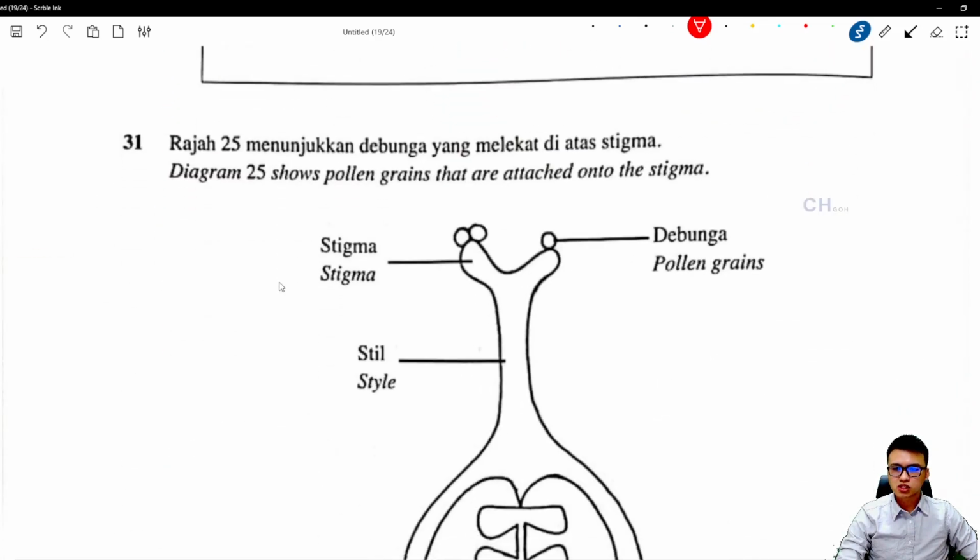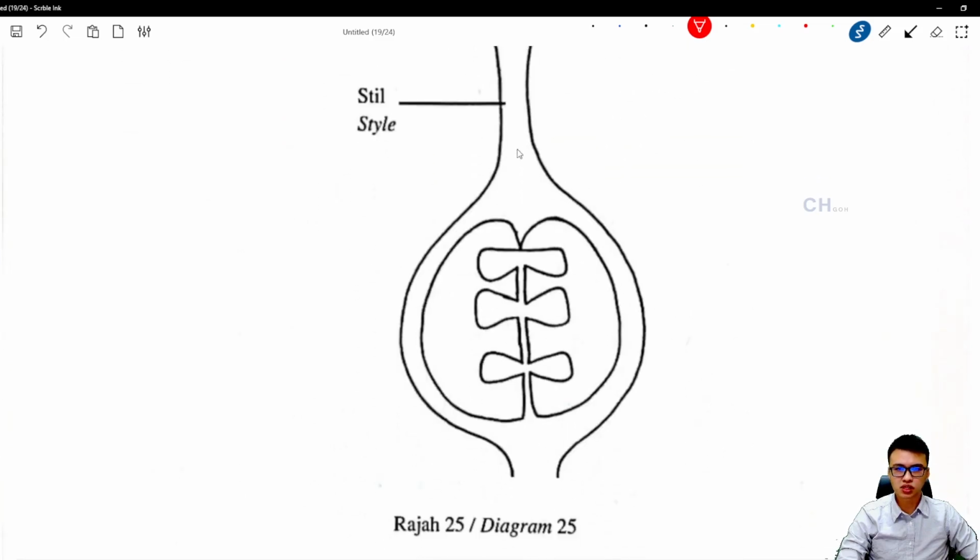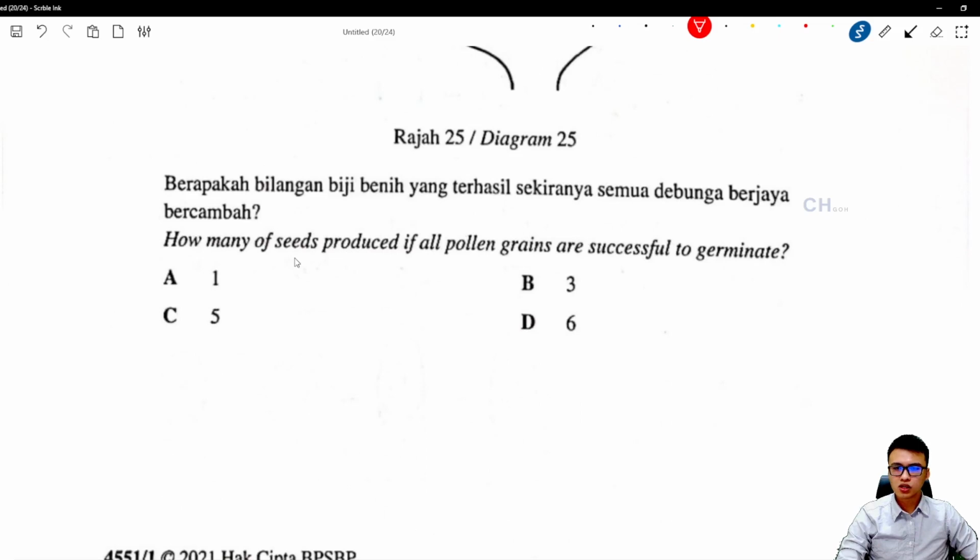Alright, so let's continue with question 31. Diagram 25 shows the pollen grains that are attached onto the stigma. We have the stigma, we have the pollen grains, we have the style here. How many seeds are produced if all the pollen grains successfully germinate?